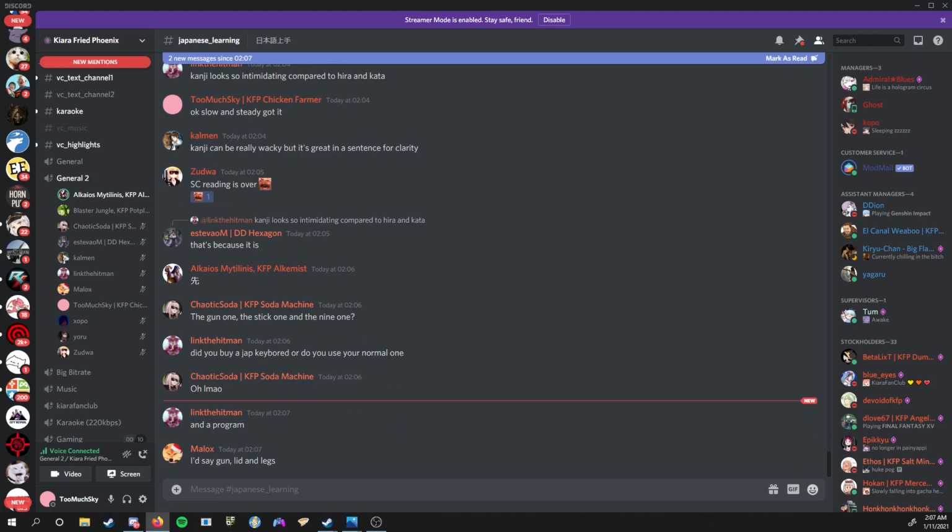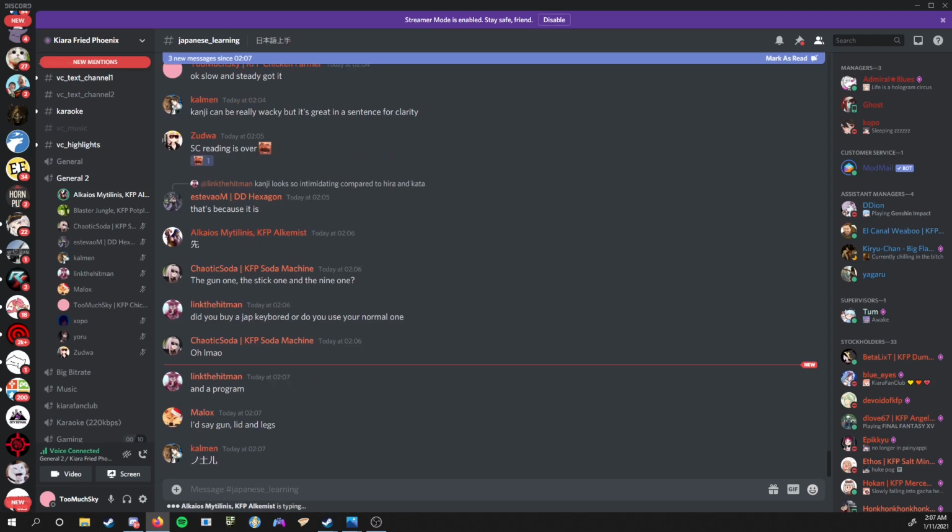Do I have a Japanese keyboard or just use a normal one? Personally, I just use the Japanese keyboard that comes with Windows. I press Alt-Shift on my keyboard to switch to it. And then I press Alt-tilde to switch between regular English characters.